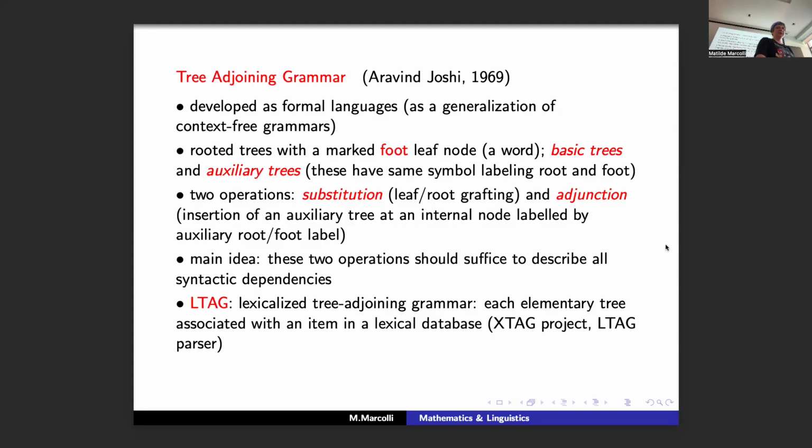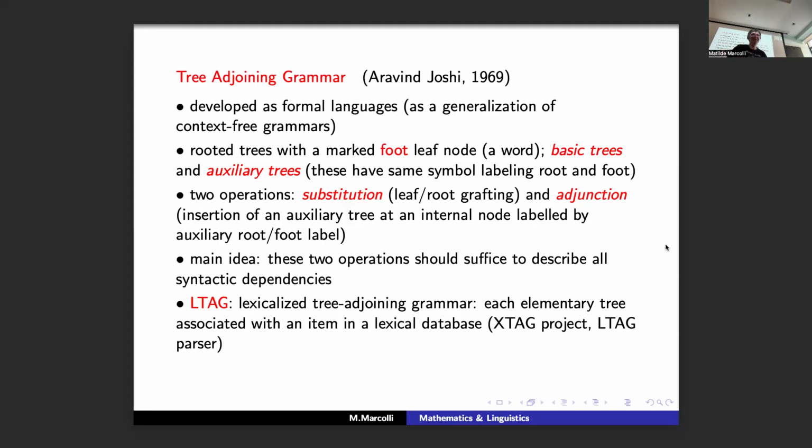Well, say I have a branch node somewhere in between. I split that node and plug in an entire tree, and then the upper part of this node goes to the root of this intermediate tree, and the lower part goes to the leaf that's marked in the same way. So it's really like you do two operand compositions, but in the wrong order: you undo one, plug something else in between, and then close it up again.